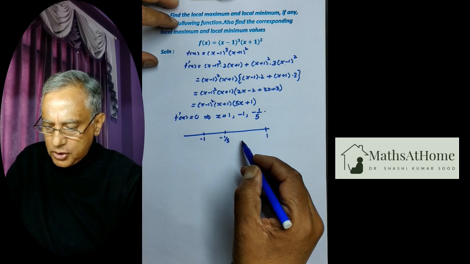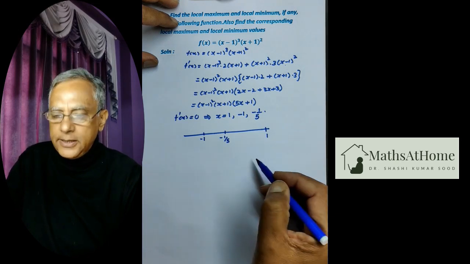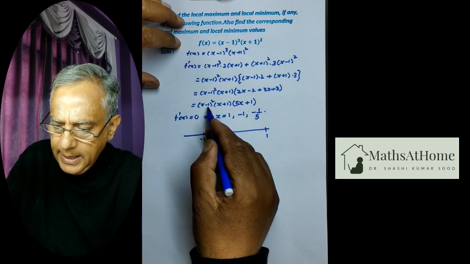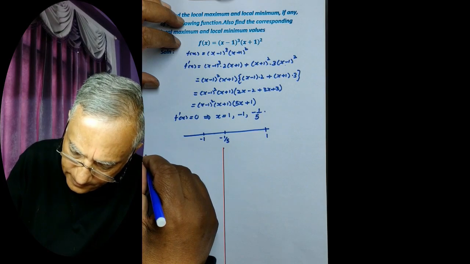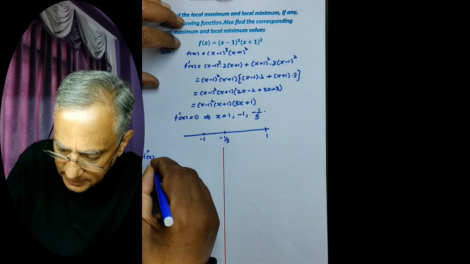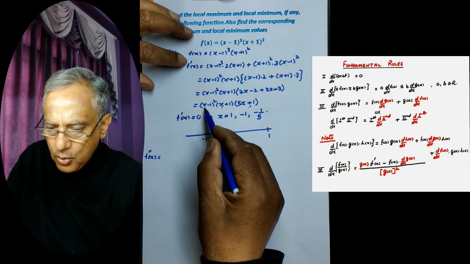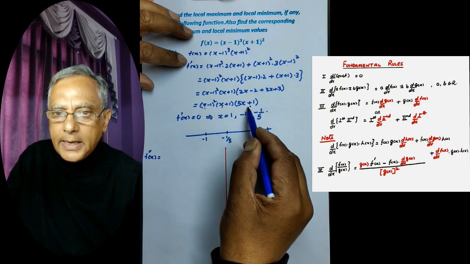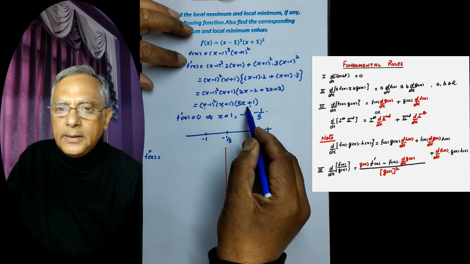Now we solve this question first using the second derivative test and then using the first derivative test. We find the second derivative of this. The second derivative will be f''(x) equal to: first differentiate this keeping the other two as they are, then differentiate this keeping the other two as they are, and then differentiate this keeping the other two as they are.